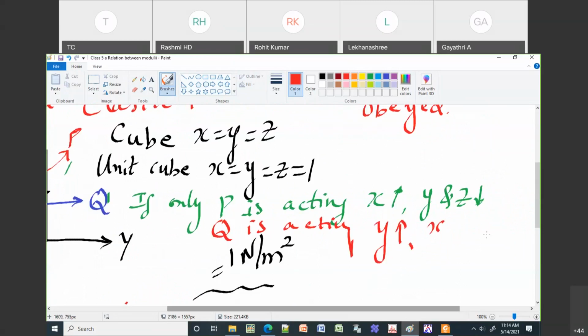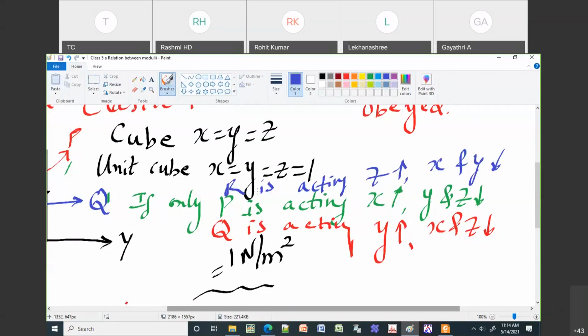In the same way, if I take R, in the case of R, if only R is acting, then your Z is going to increase and you will have a decrease in the X and Y directions.